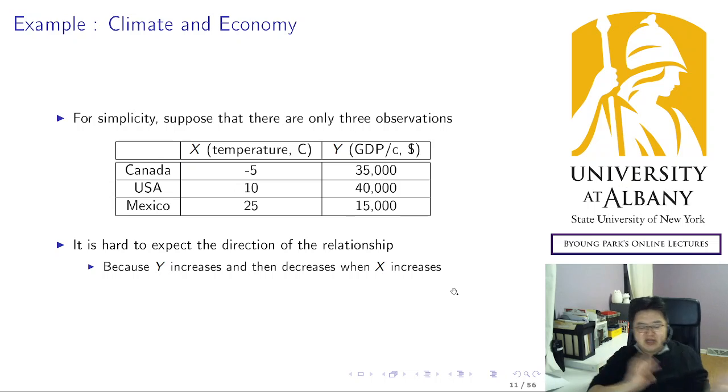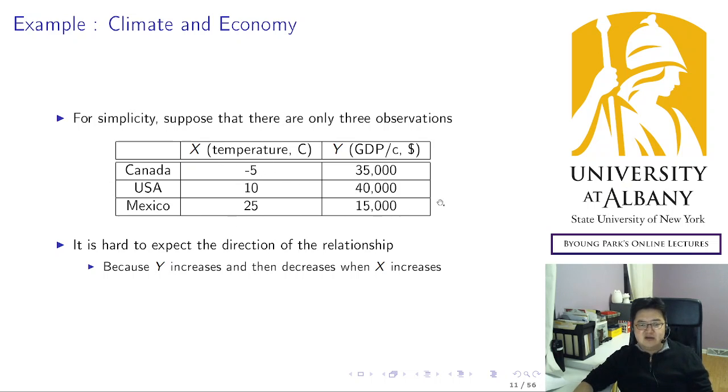So far I just explained the intuition, but let's think about a simple numerical example with only 3 countries. You can extend it to any number of observations, but for simple practice, we are going to consider three countries: Canada, US, and Mexico. I just chose simple numbers.